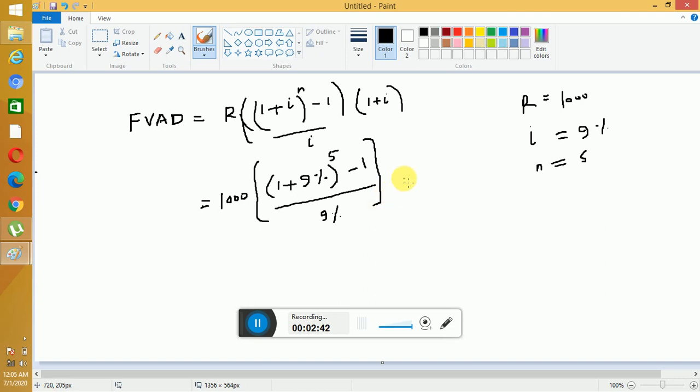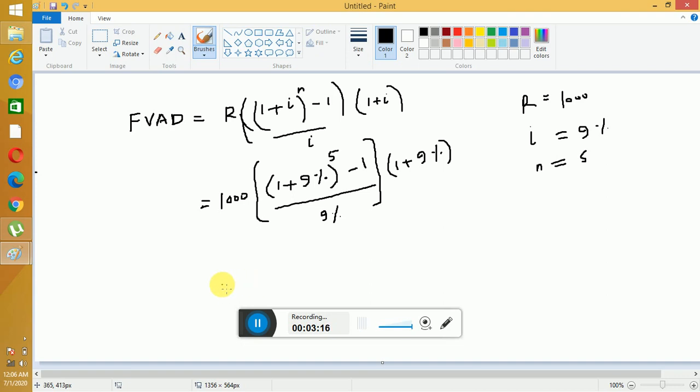Close the bracket, and 1 plus I means 1 plus 9%, and close the bracket. So this will be the formula for calculating the future value of annuity due.